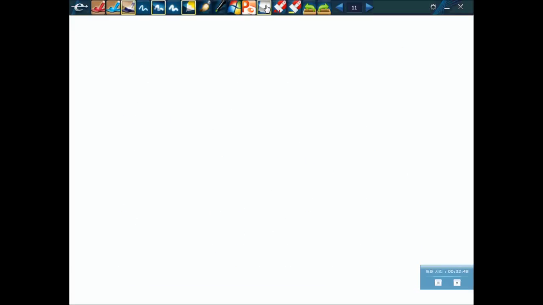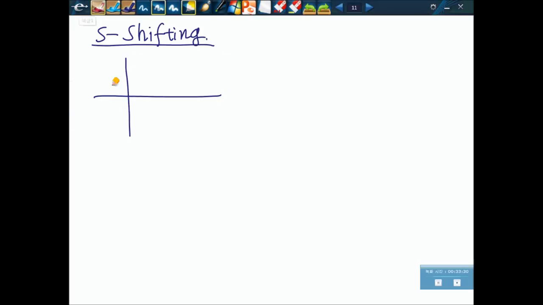So another important property to handle Laplace transform efficiently is S shifting. What is S? You know that, right? This is an independent variable in frequency domain, right? And shifting, what's shift? Shifting is actually this. Let's say this is a function, okay?